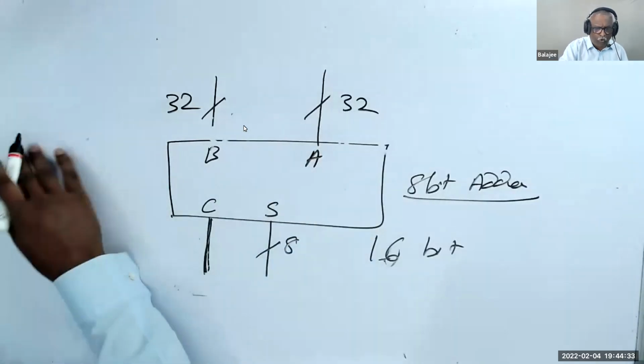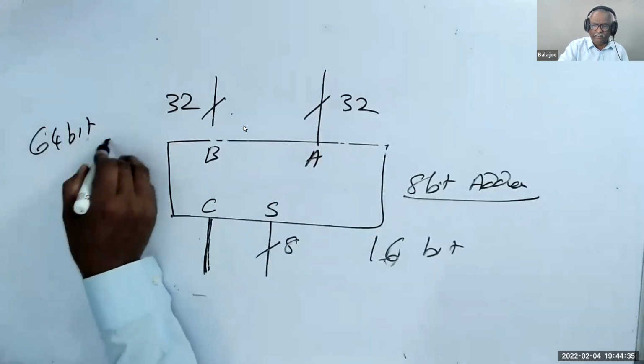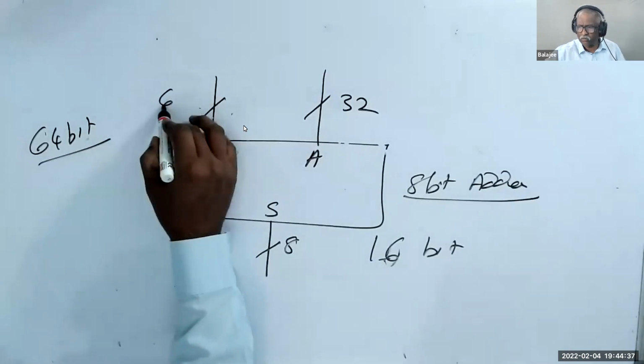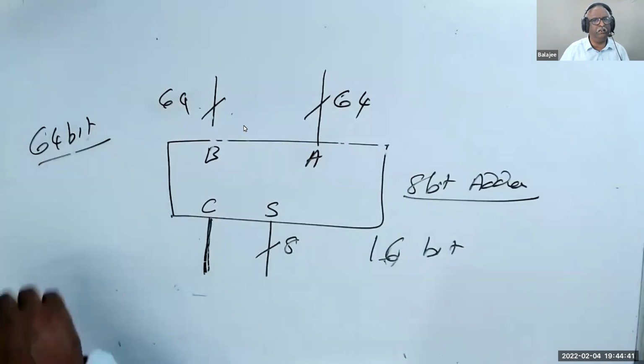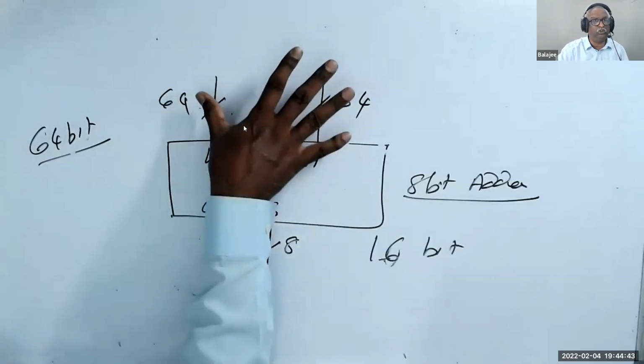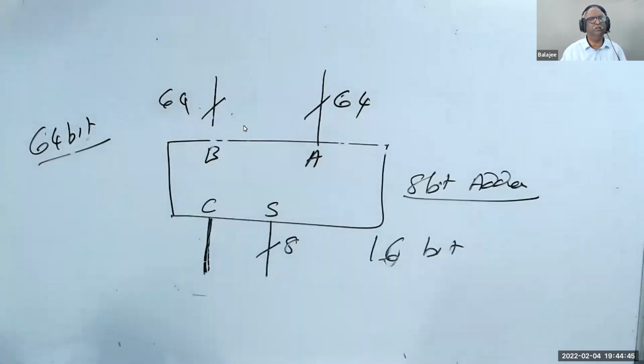If you go for a 64-bit microprocessor, then this will be 64. That means that a 64-bit microprocessor will add 64 bits at one shot simultaneously. That's a trick. Understand now? That's the way they perform additions very fast.